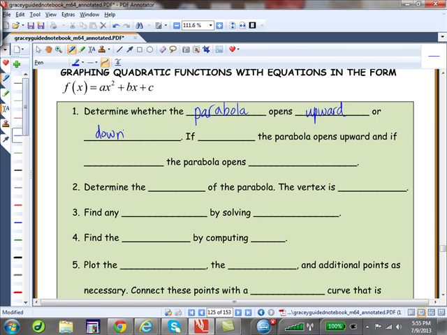And again, the same idea: if a is greater than 0, the parabola opens upward, and if a is less than 0, the parabola opens downward.